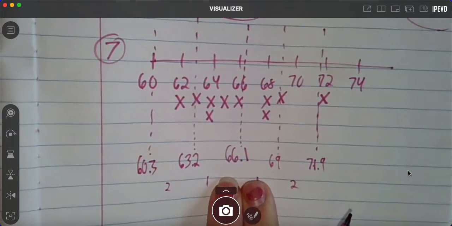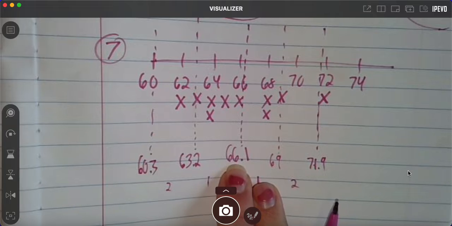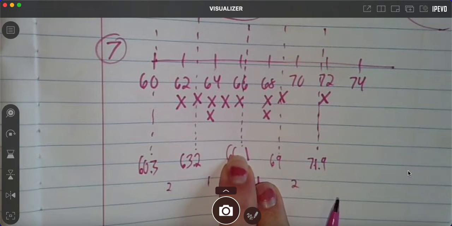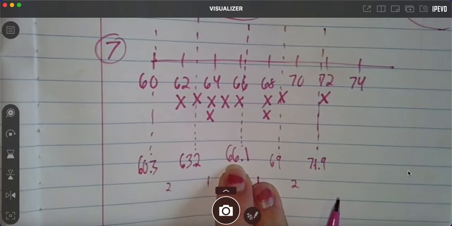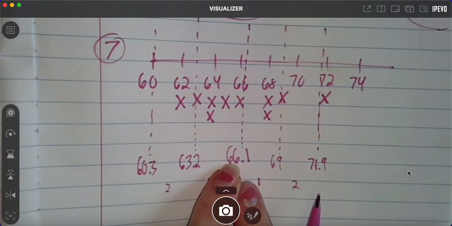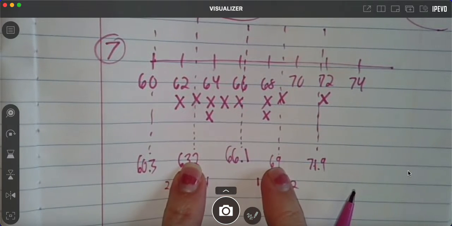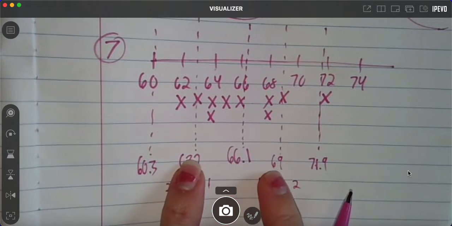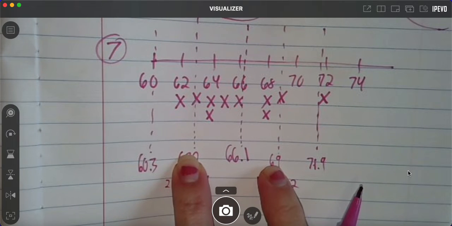All right, they told me my mean. That's my starting point. Then they told me my standard deviation is 2.9. So all I'm doing is adding and subtracting it. When I add and subtract it, I go to here and here. Does that include all my data? No. I went out 1 standard deviation.